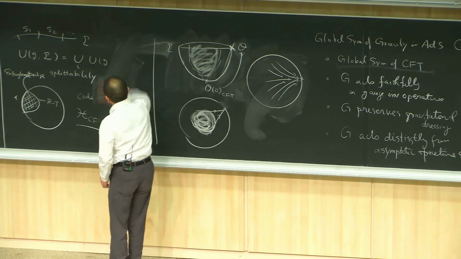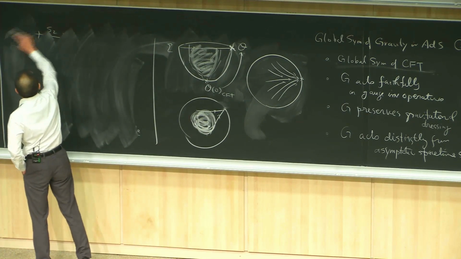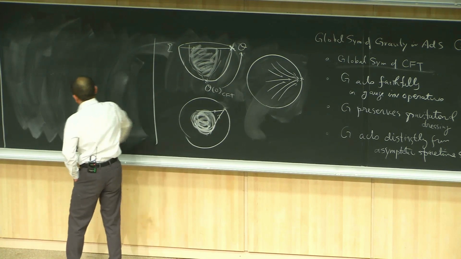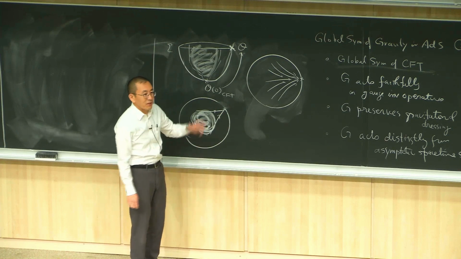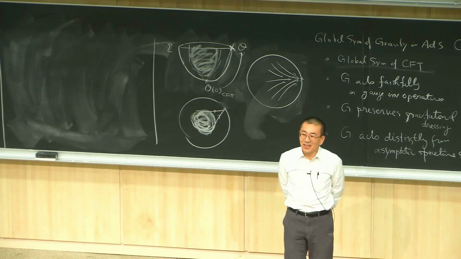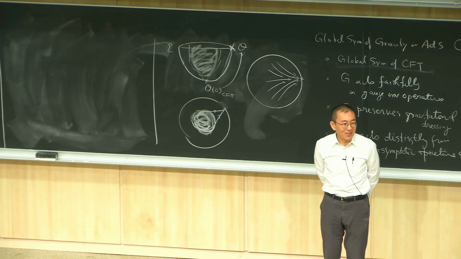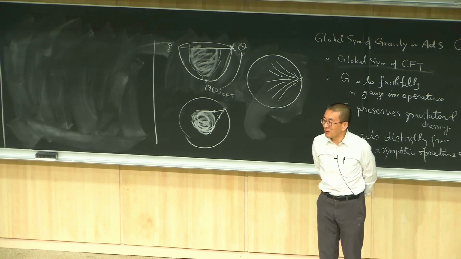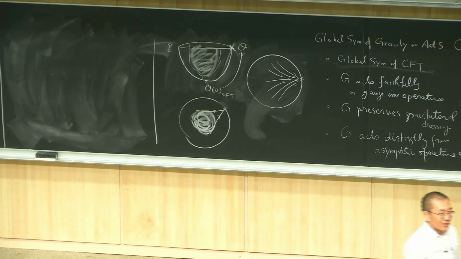Yesterday I spent quite a bit of time discussing the definition of symmetry and some of its properties, and today I already spent the first 20 minutes or so defining what we mean by symmetry in gravity. The good news is that once we have gone through all these exercises, the proof is very simple.